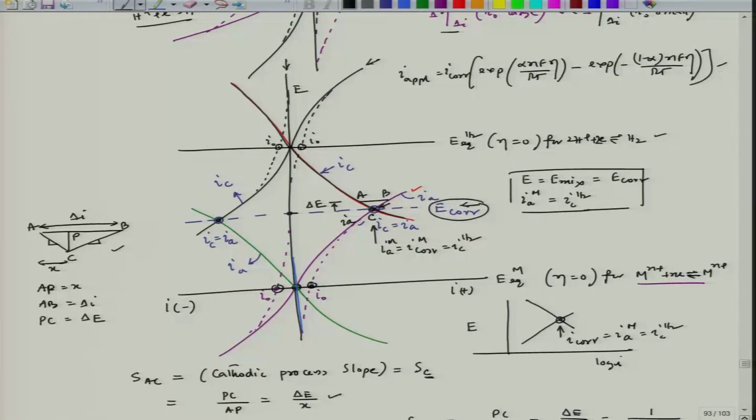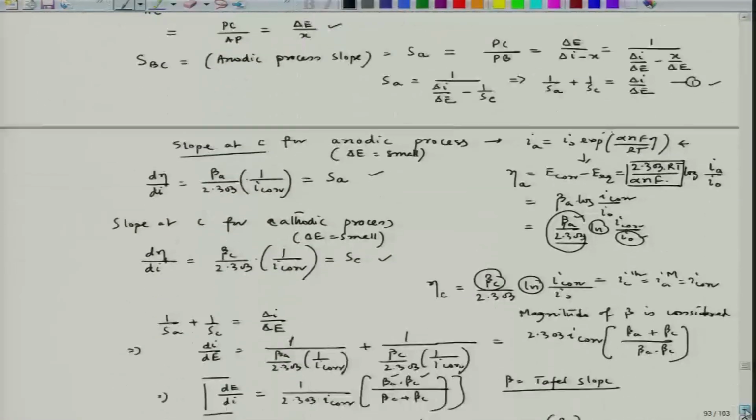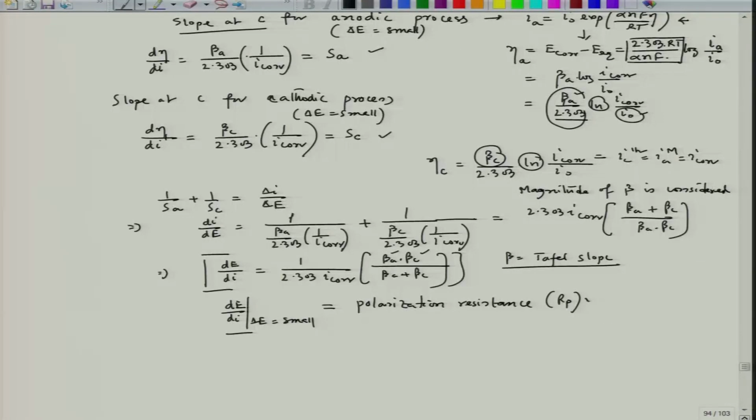And then if I try to plot this one at a small overvoltage, my plot would be like this, and this particular voltage gap would be 20 millivolt, and here it is minus 20 millivolt, and then I can find out the slope at this particular point where overvoltage is 0 corresponding to E_corr, and then we can find out the parameter which is R_p.